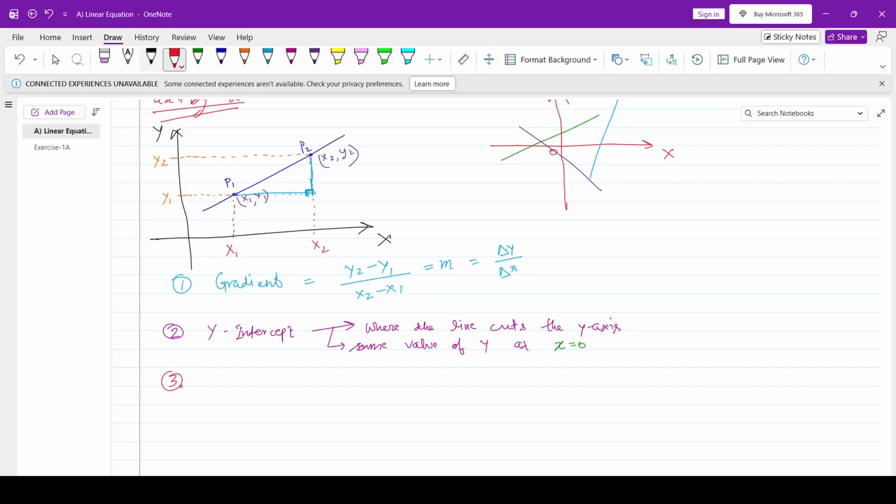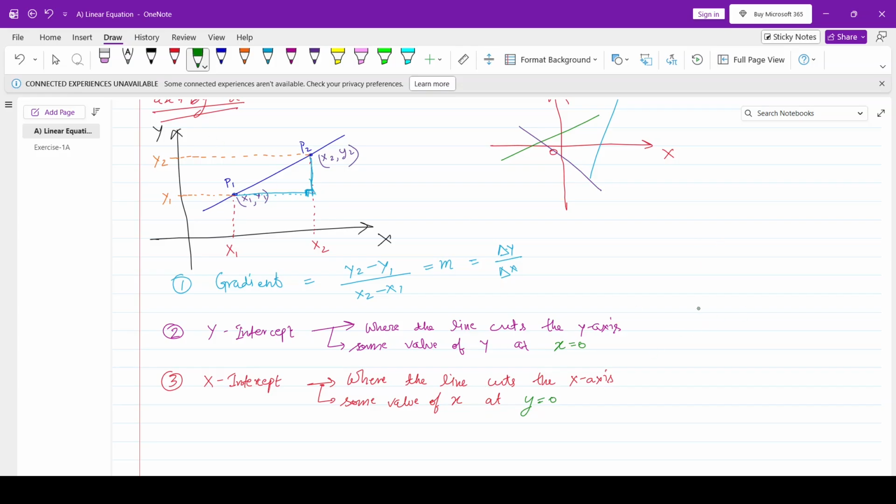Also, there is this third property, which is x-intercept. This means where the line cuts the x-axis, or we can say some value of x at y is equal to 0.